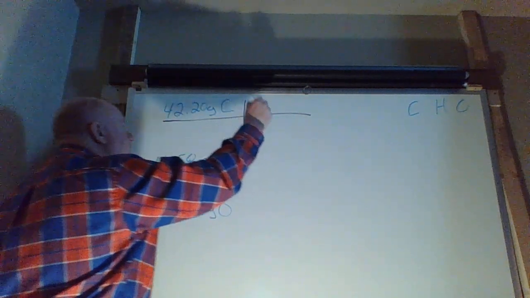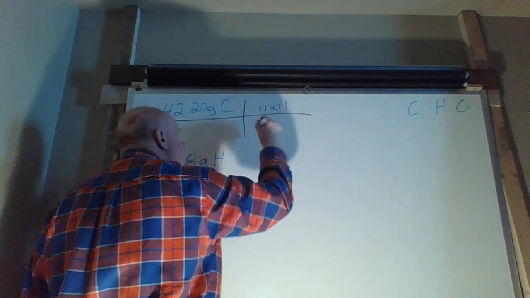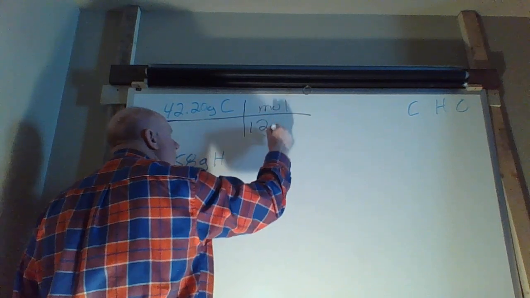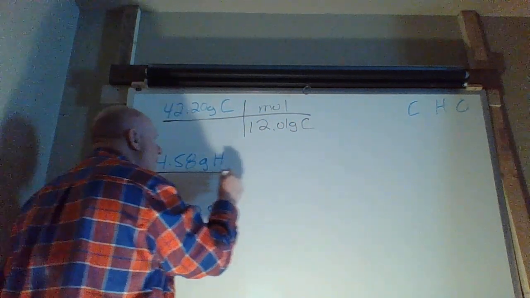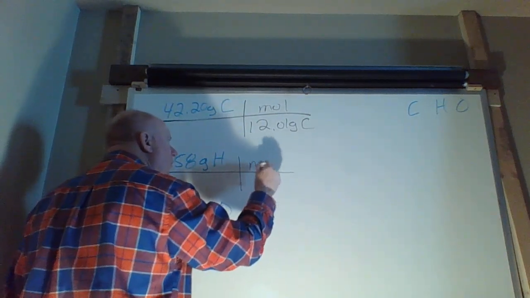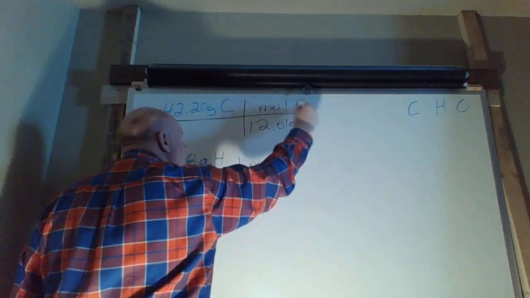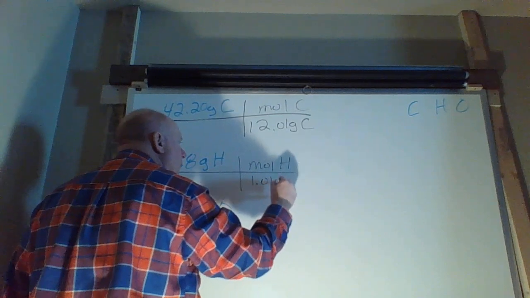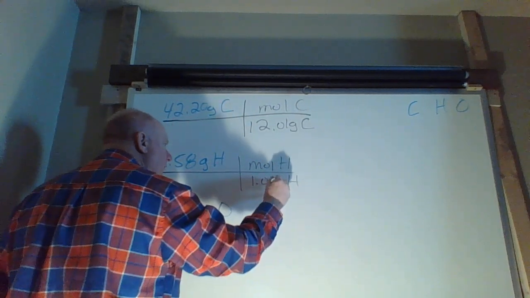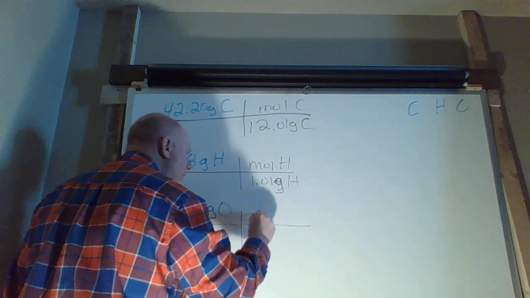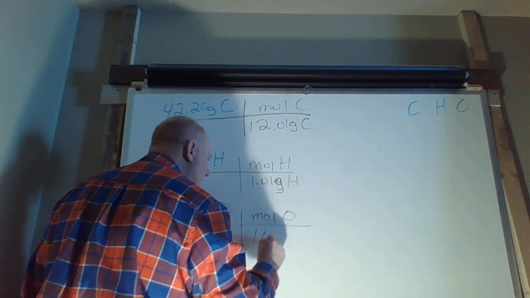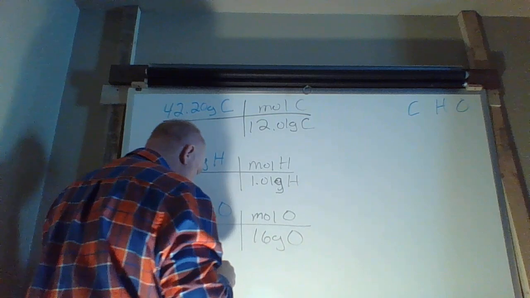Okay, for every mole of carbon, you get 12.01 grams of carbon. And for every mole of hydrogen, you get 1.01 grams of hydrogen. And for every mole of oxygen, you get 16 grams of oxygen.